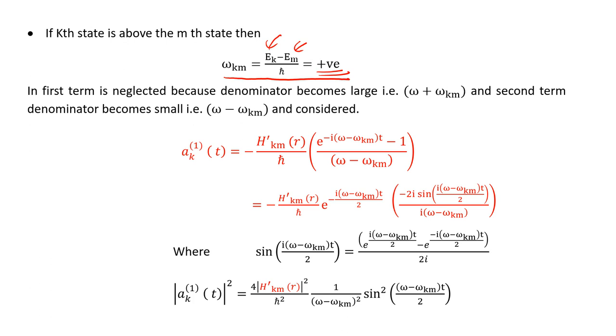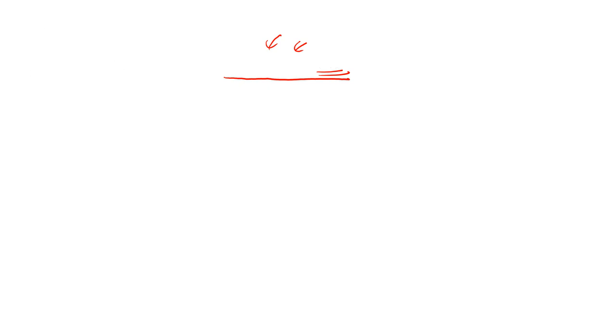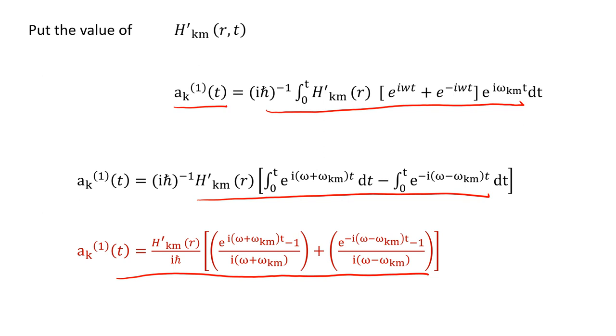If omega km is positive, then in first term the denominator is large, so this term can be neglected and consider only this term.